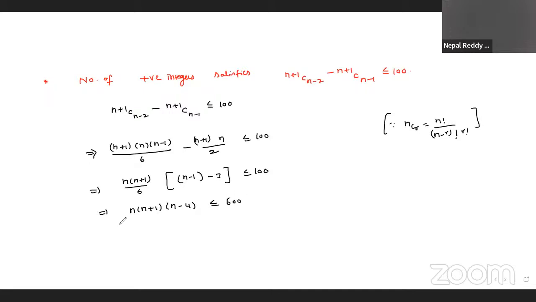Now, if you put n equal to 2, then 2 into 3 into minus 2, which is less than or equal to 600. Next, if you write n value 1, you will get positive integers given. If you write n value 1, what happens? 1, 2, minus 3, which is also less than or equal to 600.